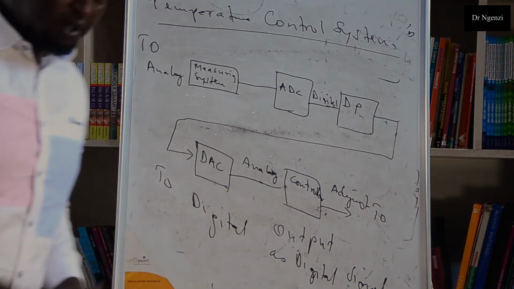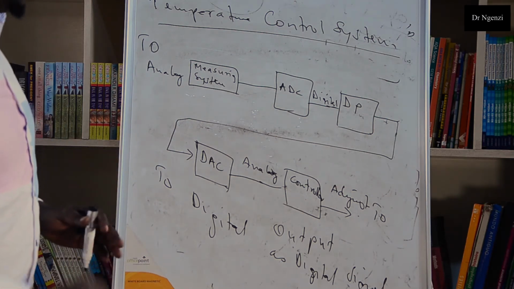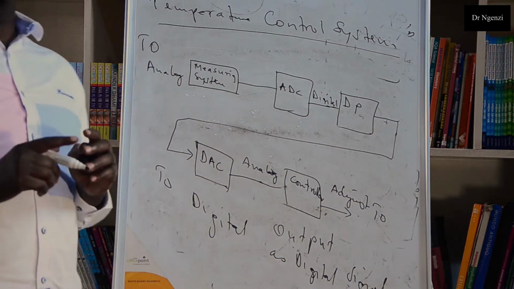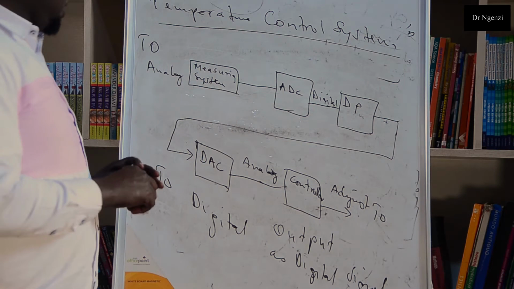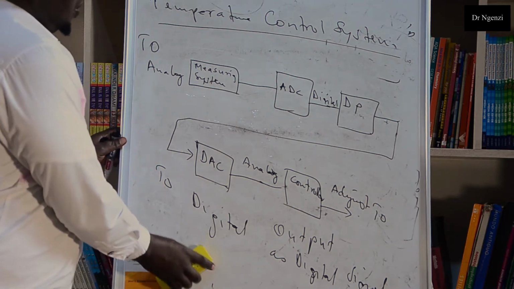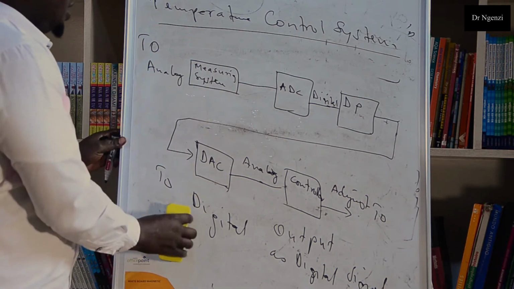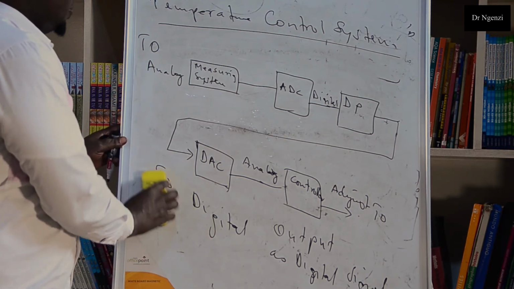So we are still continuing using the diagrams here. I hope you understand what I'm trying to mean. Each and every block is self-explanatory. So here we are going to draw another diagram. This was a temperature control system as an example of DSP.